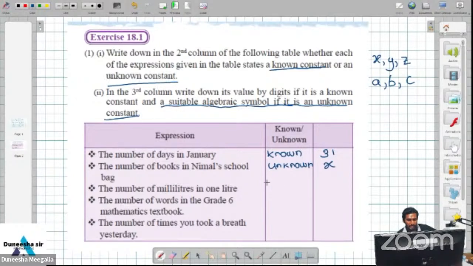It's known. Okay. Known නම් මොකද කරන්න ඕනේ? You have to fill in the third column its value. If it's unknown, you have to use a symbol x, y, z, a, b, c likewise.